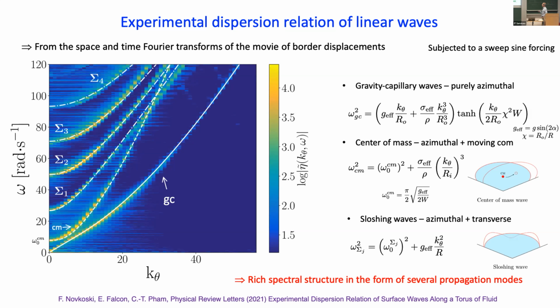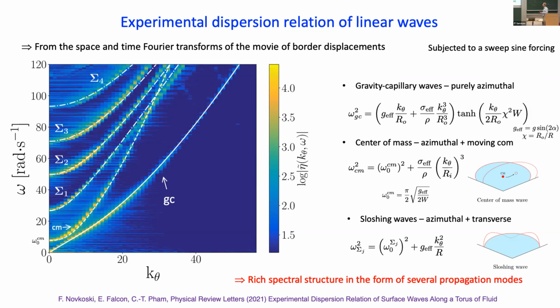Then the other one here corresponds to sloshing waves, which is also a coupling with a transverse mode, but here it does not move the center of mass. Since you have multiple modes, you can have multiple sloshing branches here. It is a very rich structure that we will see at the end of the talk is very important, notably to have free wave resonant interaction.